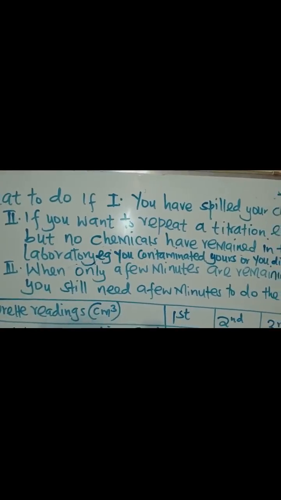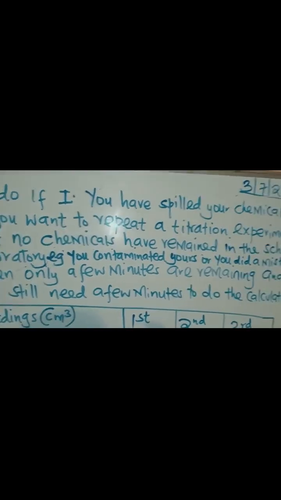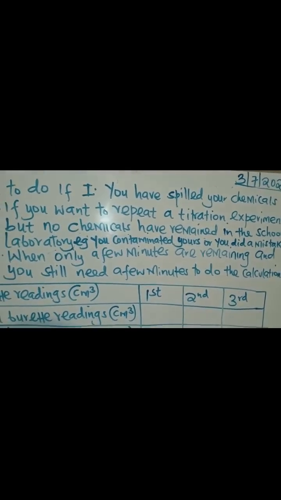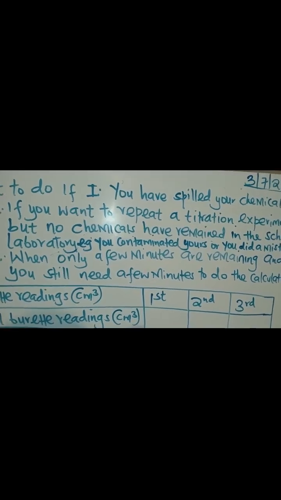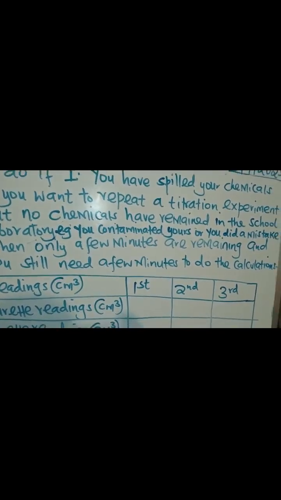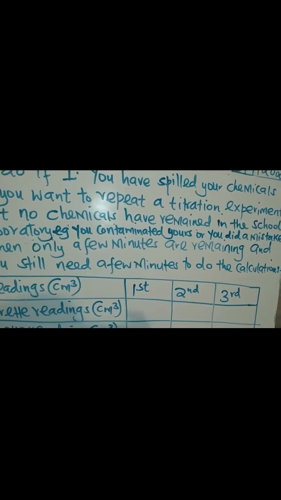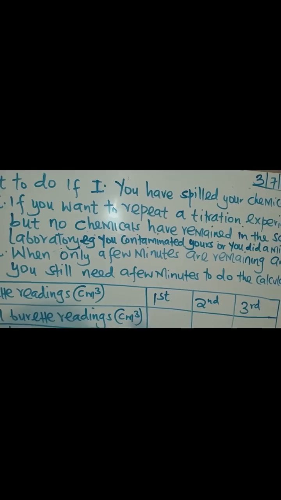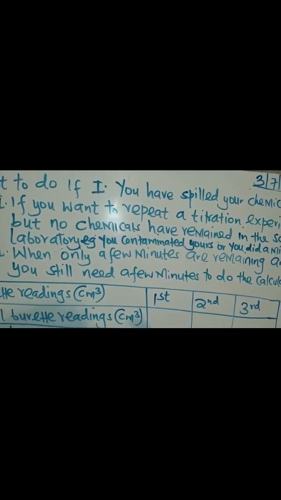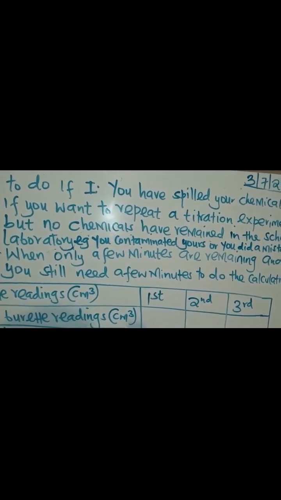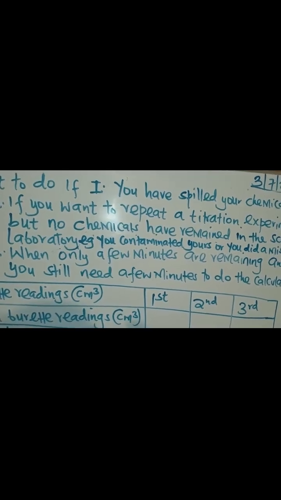Or the student wants to repeat the titration experiment, but no chemicals have remained in the school laboratory. Maybe because the student has contaminated his or her own chemicals, or maybe the student still feels that he or she made a mistake during the experiment and feels there is need to repeat it. But he or she is told no chemicals are remaining in the school laboratory.